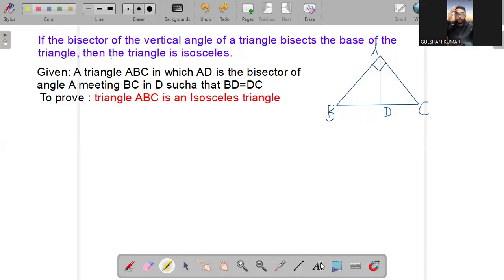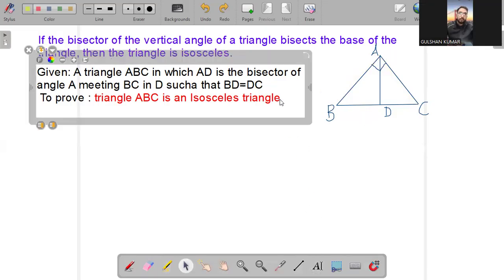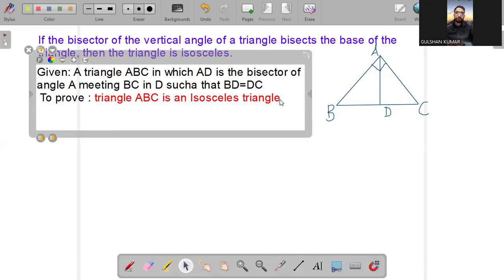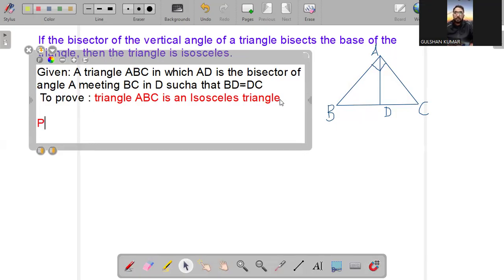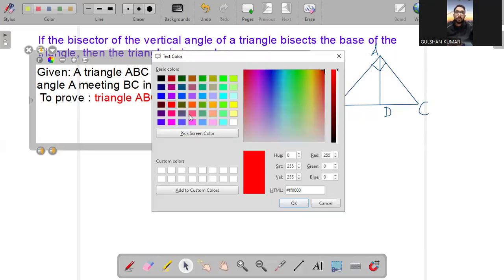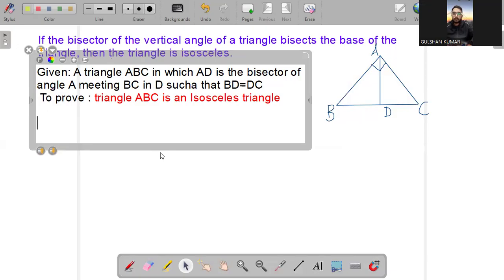We have to prove that further. Now we change the color so that we can understand it clearly. Proof: now we start with the proof.